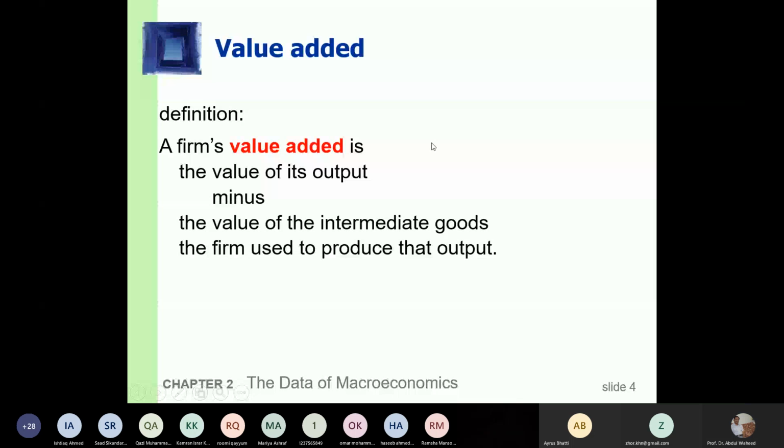But if I buy bread for my breakfast, that would be final goods. So it depends on whether it is purchased for further processing or for final consumption. This is the example. I will show you one example of how to calculate GDP through the value added approach.